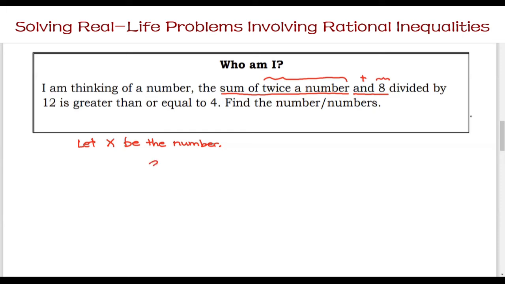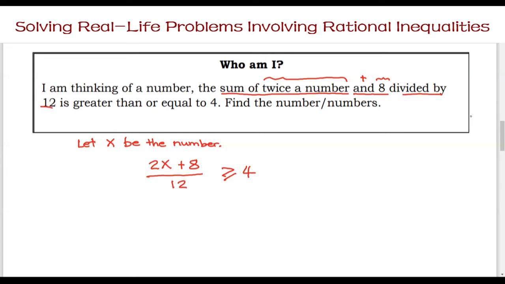So that means 2x plus 8, like that, okay? Divided by 12. So you write like this, over 12 is greater than or equal to 4. Okay? So, yan yung ating rational inequality na nagre-represent doon sa ating problem. And then, we're going to solve for x.